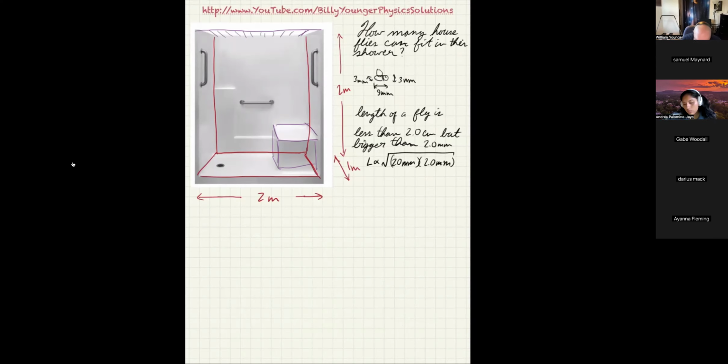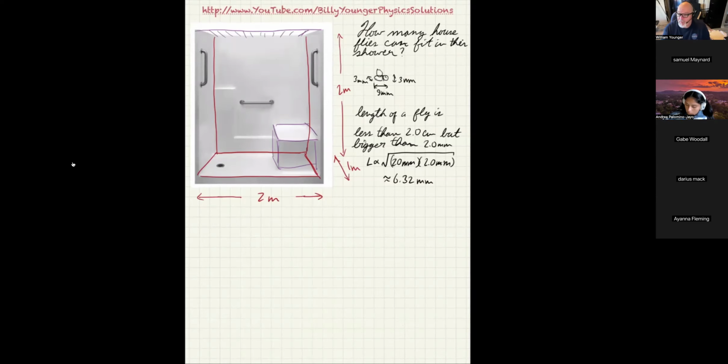Now I can take 20 times 2, which is 40, of course. Now I'm going to take the square root of that, and the square root is about 6.32 millimeters, which is pretty decent.